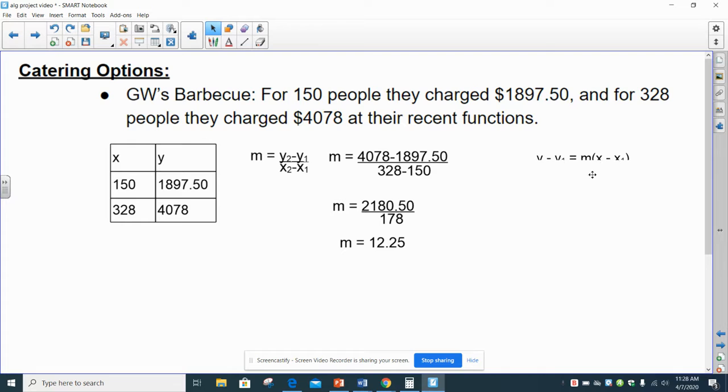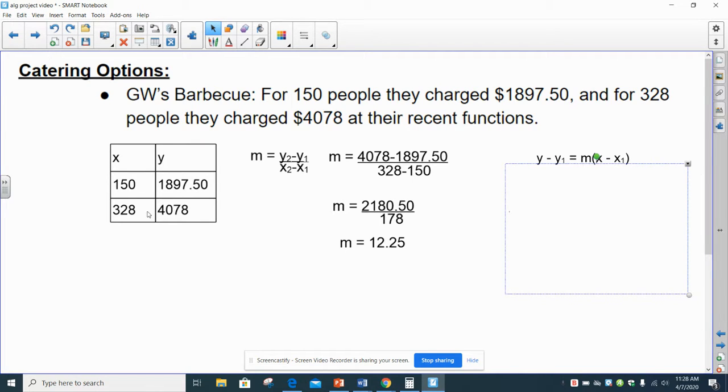So my generic formula for whenever I have a slope and just a point is y minus y1 equals m times x minus x1. So what I'm going to do is plug in my y1, my slope, which I just found, and my x1. Now I can choose either one of these ordered pairs.